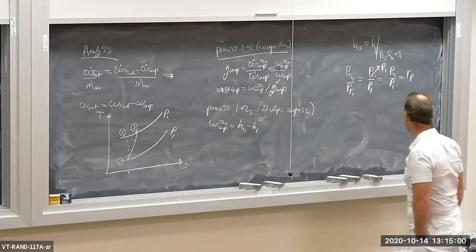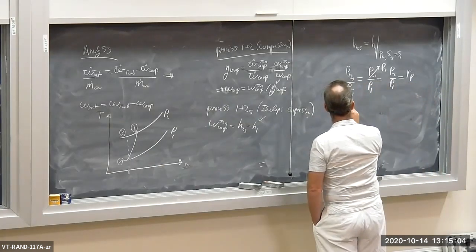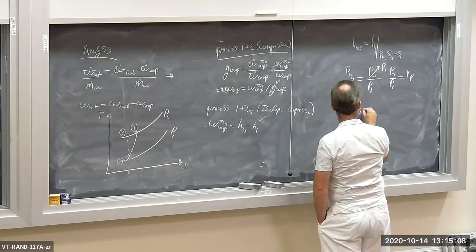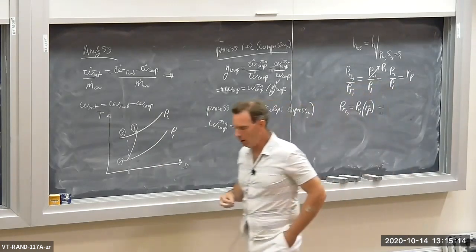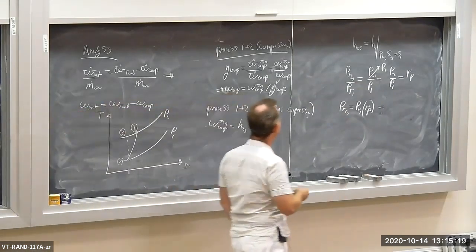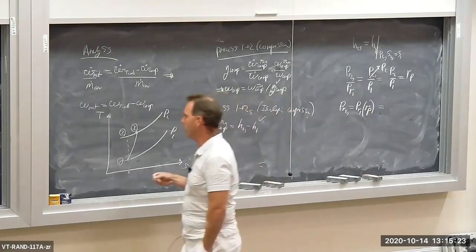So this means that PR2s is equal to PR1 times the pressure ratio. Let's see here, PR2s, what is that? Not a lot of room here. I'll write it right over here.